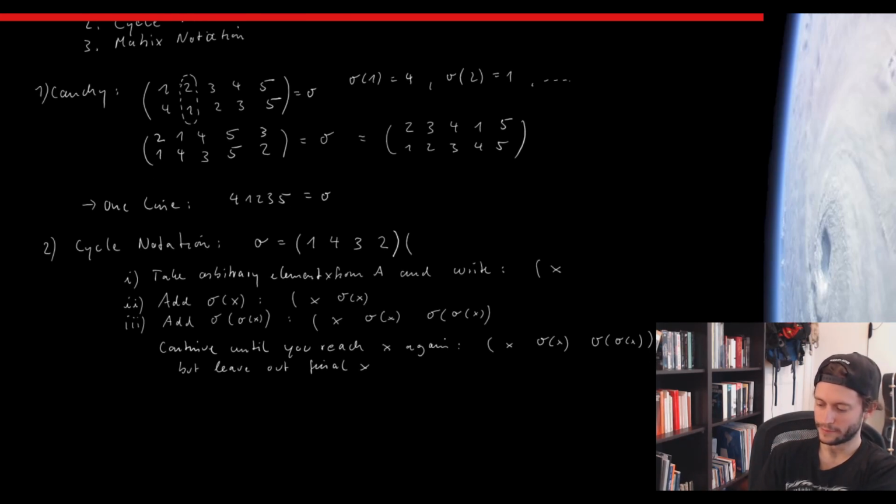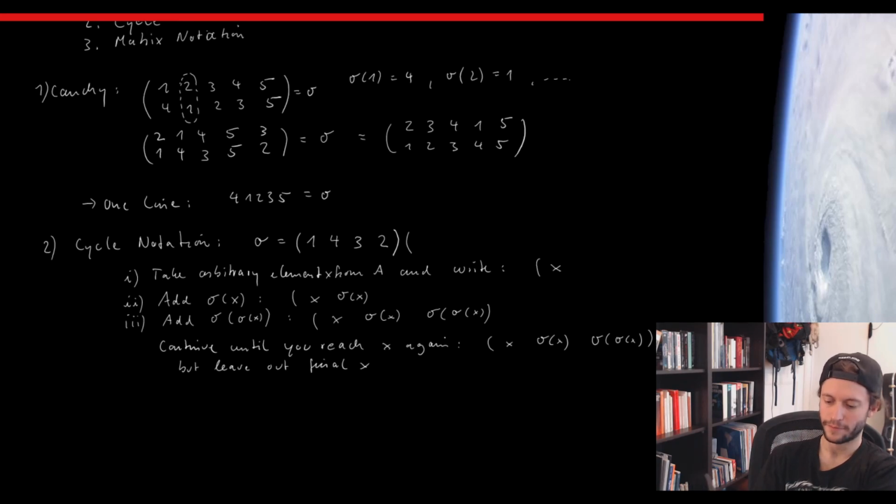And open a new one for the rest, because there are still numbers which didn't appear in this thing over here. Which one is missing? Well, the 5. The 5 is mapped to the 5, so I cannot write down the 5 again, because it's the beginning number. I close the bracket. And since this last term is an identity term, 5 to the 5, we conventionally leave this out, the whole thing.